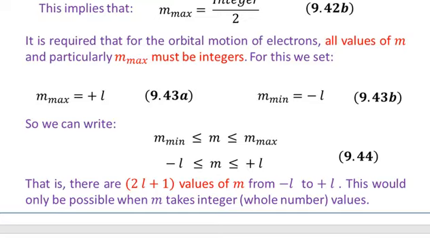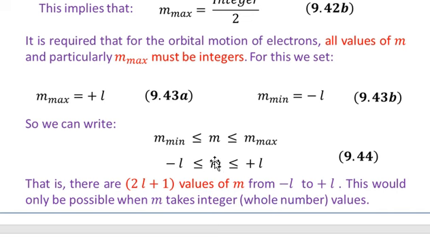So you see that so far we can combine our results as: the magnetic quantum number m changes from m minimum to m maximum, and of course we can also write it in explicit form, that m should change from a minus L value to the plus L value.